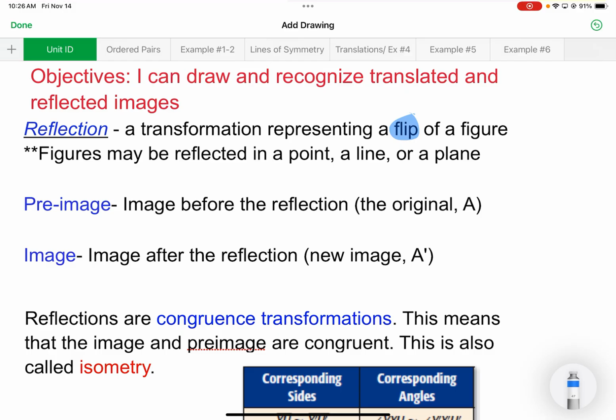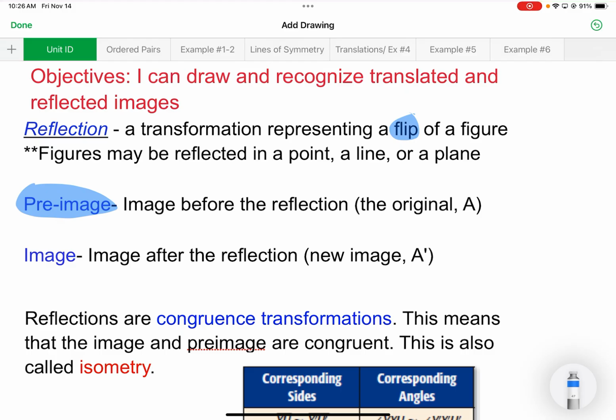Now, so far I've referred to these things as original image and then result, but there are words for each one of those. Pre-image is what we can think of as our original image. So it's the image before a reflection or really any sort of transformation.